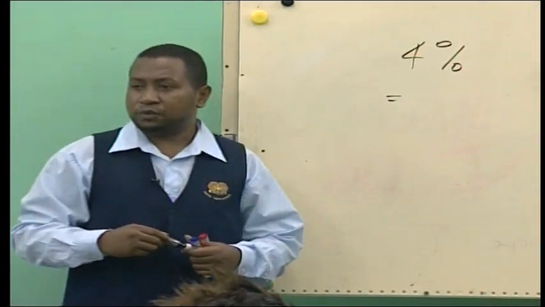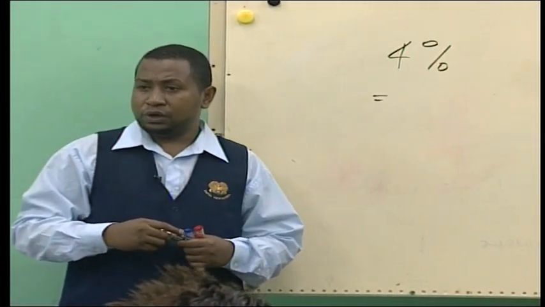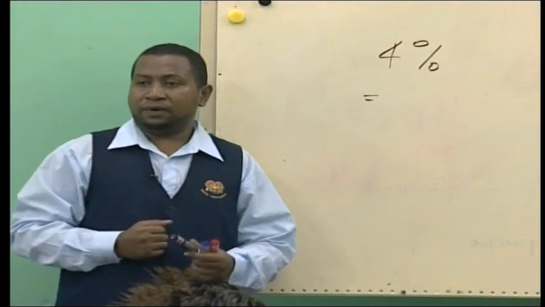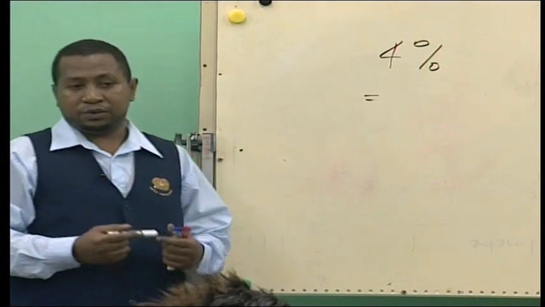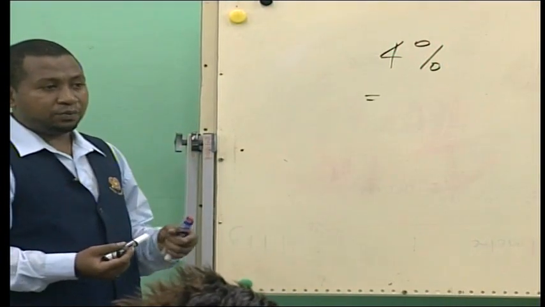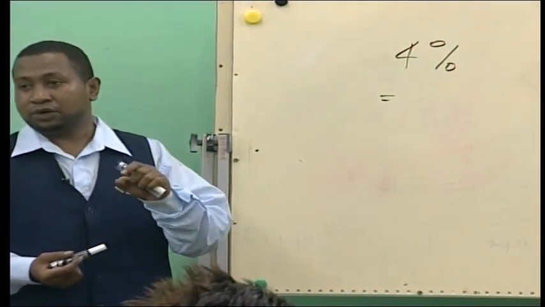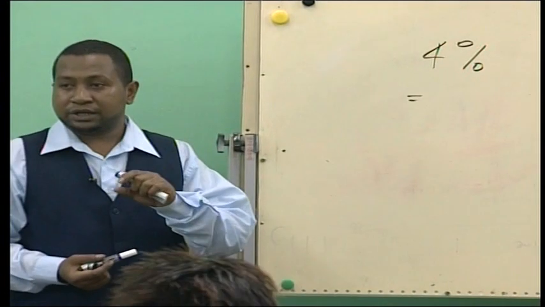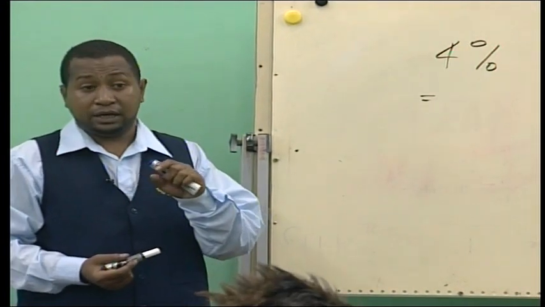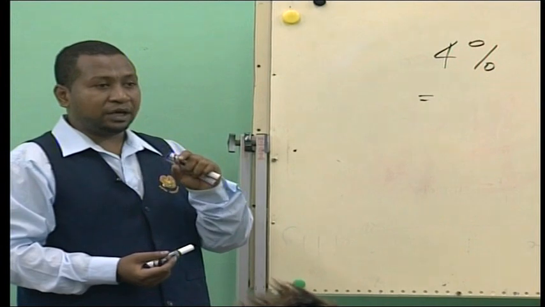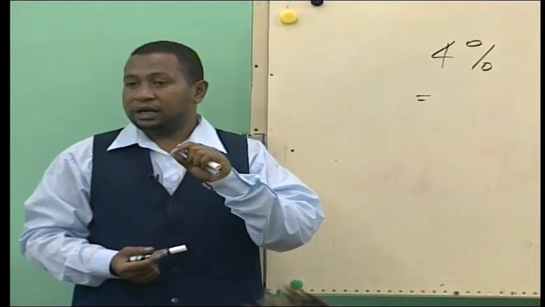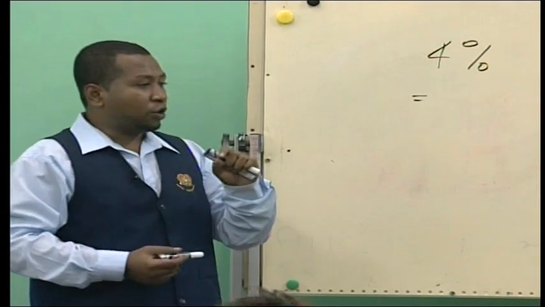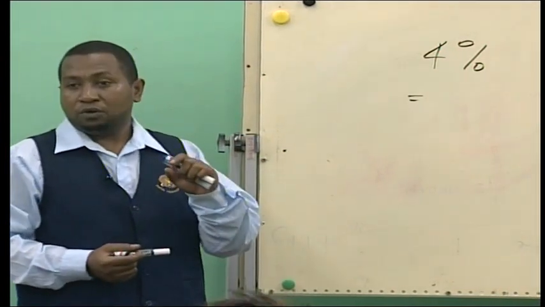Firstly, what is the first step that we are going to use in order to find our decimal equivalent? What are we going to do here? What did we say? First, we have to change the percentage to a fraction. Is that clear? Now, are we going to change it to a fraction using a common denominator, or what are we going to do?